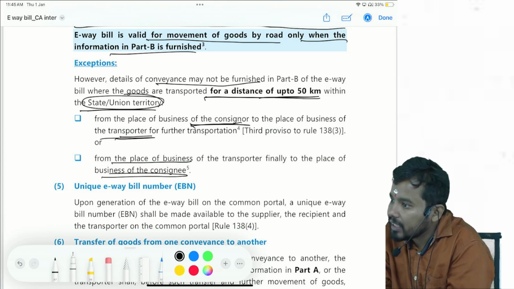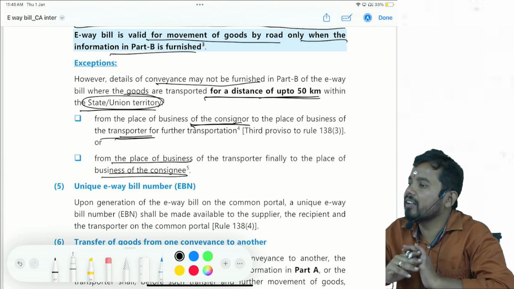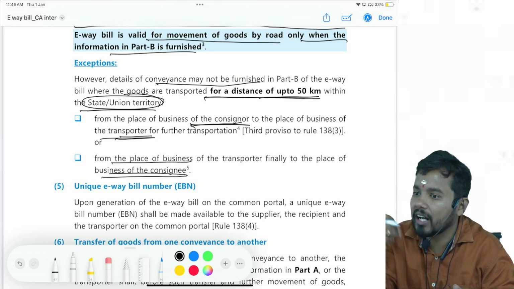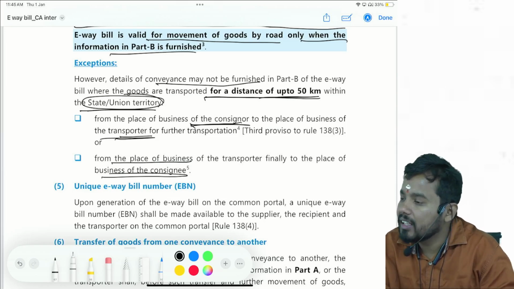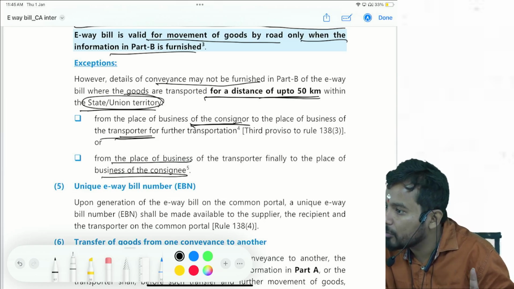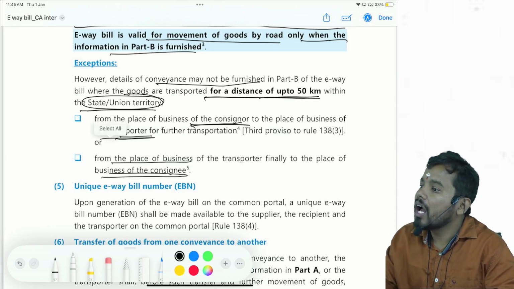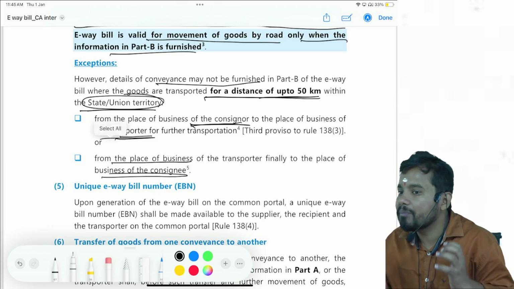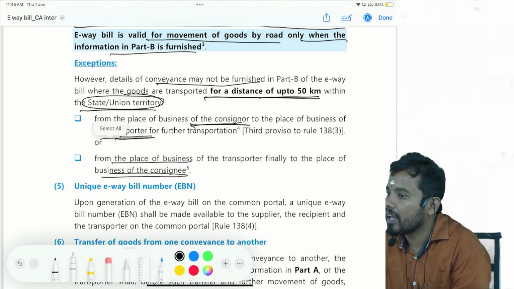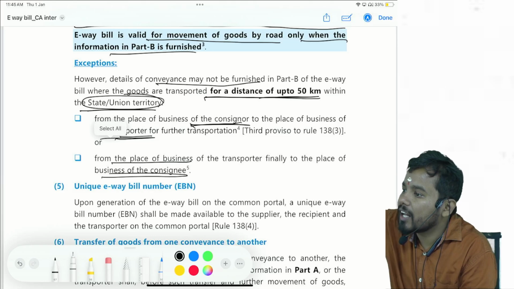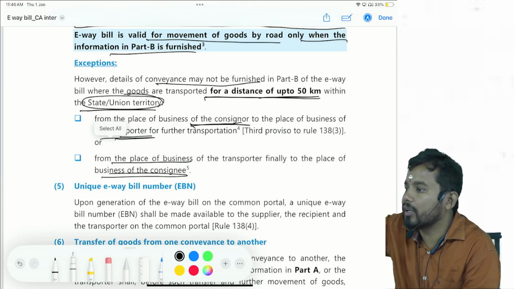Now with part A, see what I have said earlier, an e-way bill with only part A is not valid for movement. But there is an exception. Why did they provide that exception? In some cases, to take it up to the transporter place also I have to make a separate transportation.